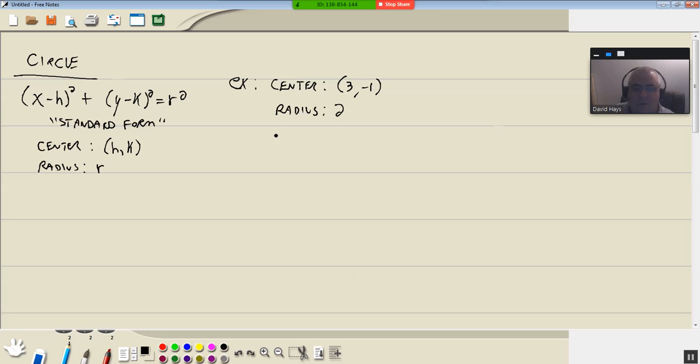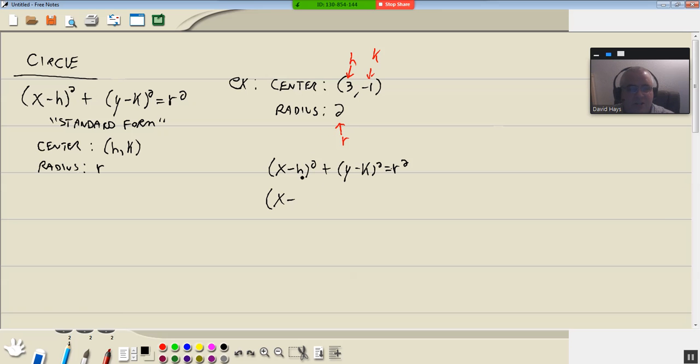And so to write to standard form, we got x minus h squared plus y minus k squared is equal to r squared. We have to identify our h, k, and r. Well, if they give us a center, they're giving us h, and they're giving us k. If they're giving us a radius, they're giving us r. So we just plug in what we identified.